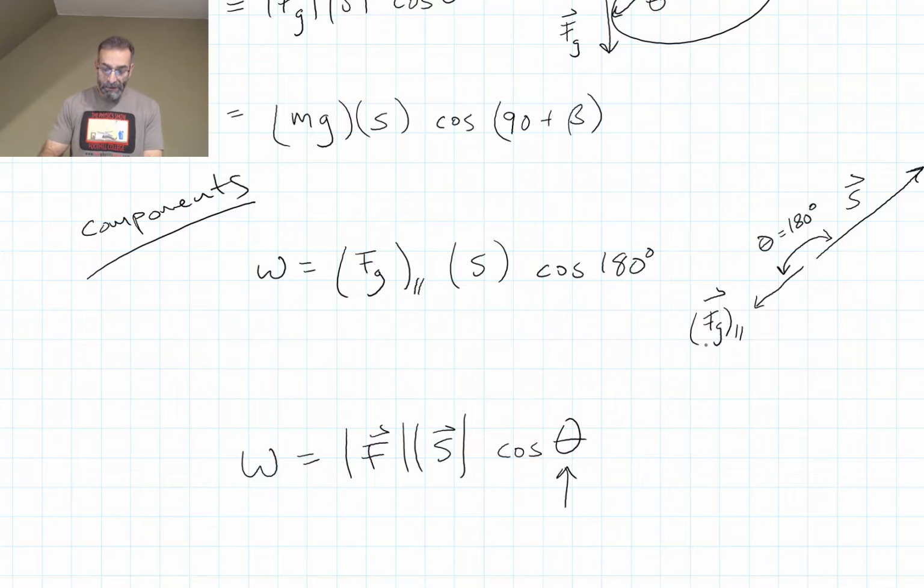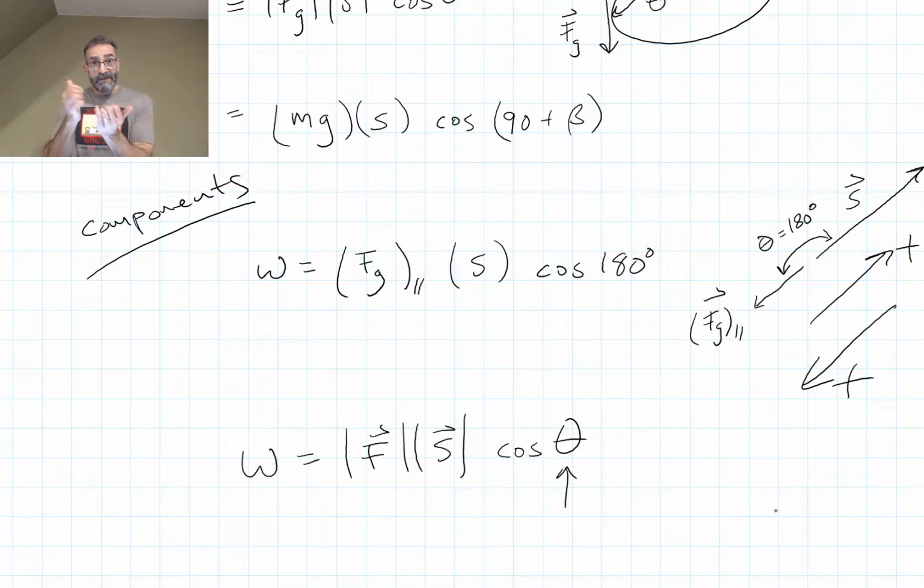You could call up the incline the positive direction. You could call down the incline the positive direction. We should all get the same work done because the work done only depends on the relative orientation between the force and the displacement. And it does not depend on the coordinate system and what direction is positive.